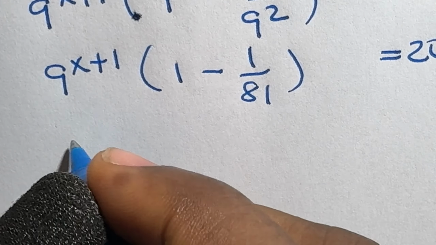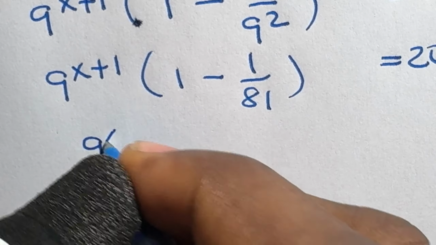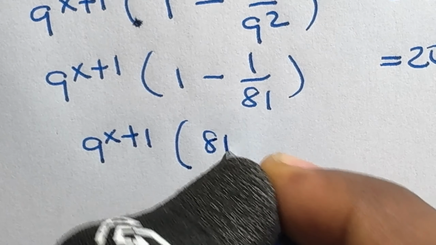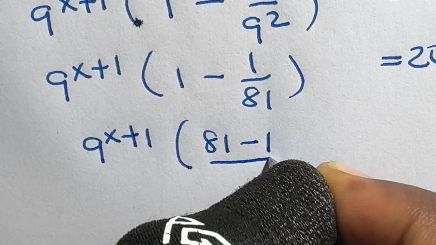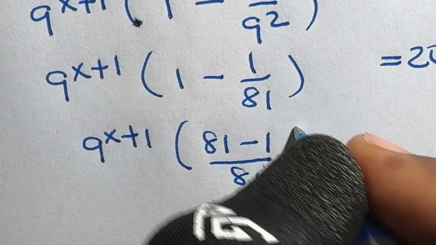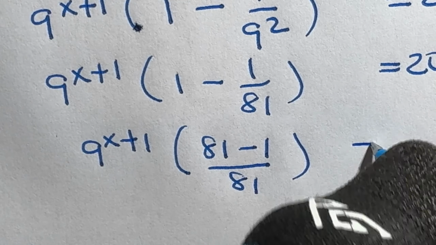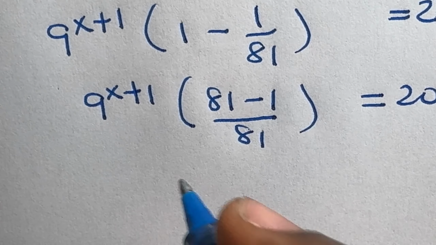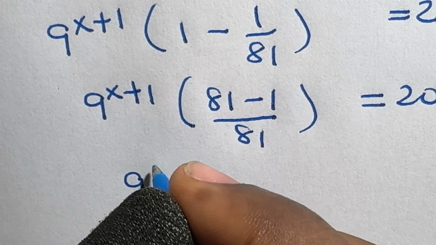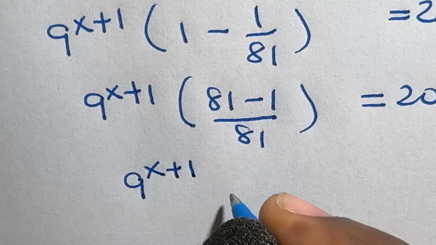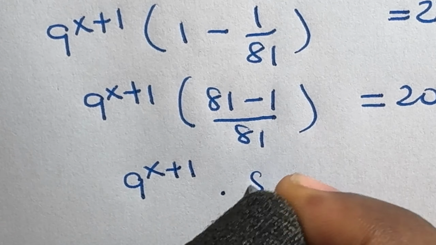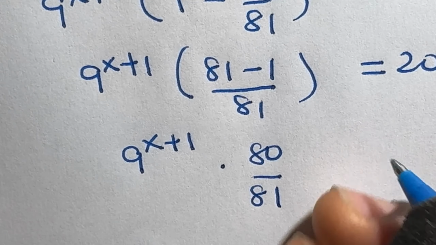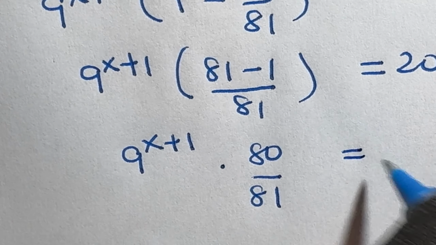So we have 9 raised to power x plus 1 into brackets 81 minus 1 over 81 is equal to 20, which is simplified into 9 raised to power x plus 1 times 80 over 81 is equal to 20.